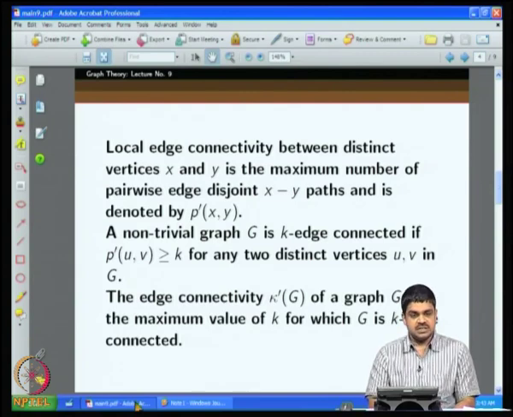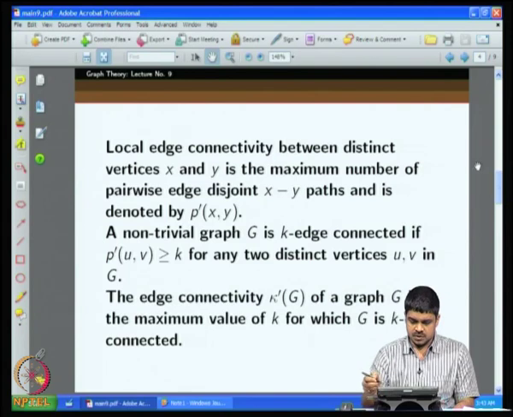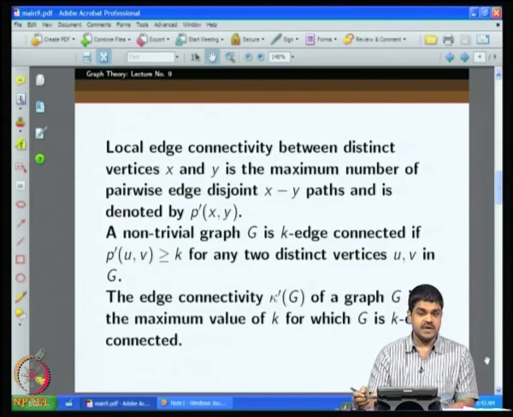Or in other words, in the graph you can consider all pairs x y, consider the minimum local edge connectivity over all the pairs, and that is going to be this value, right. Just like in the vertex version, similarly we can have a different notion: how many edges are to be removed from the graph so that the graph gets disconnected.